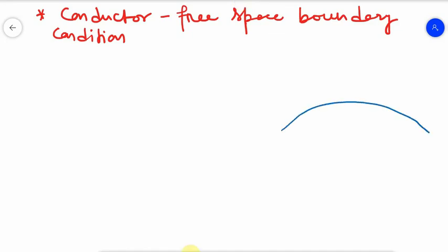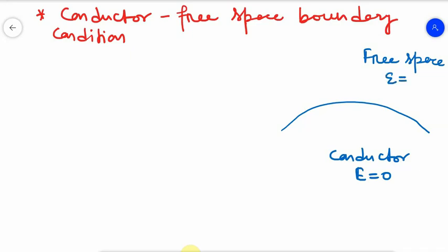On one side there is a conductor, and for the conductor we assume that E equals 0, and on the other side there is a free space. Free space means neither a conductor nor a dielectric, it's free space. So what is epsilon? Epsilon 0, that is, the absolute permittivity will be there.